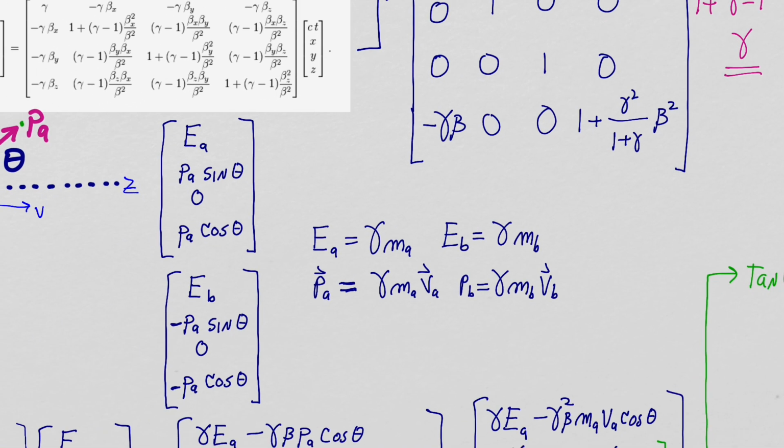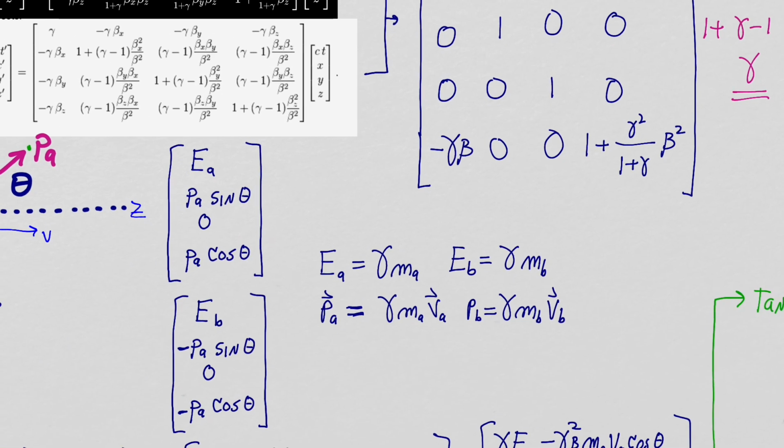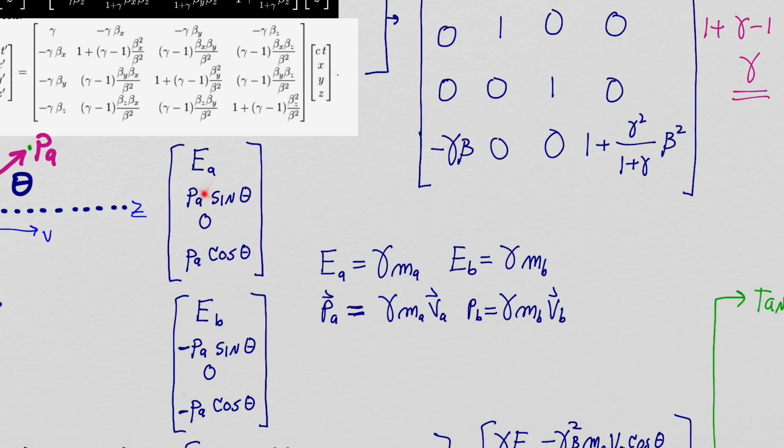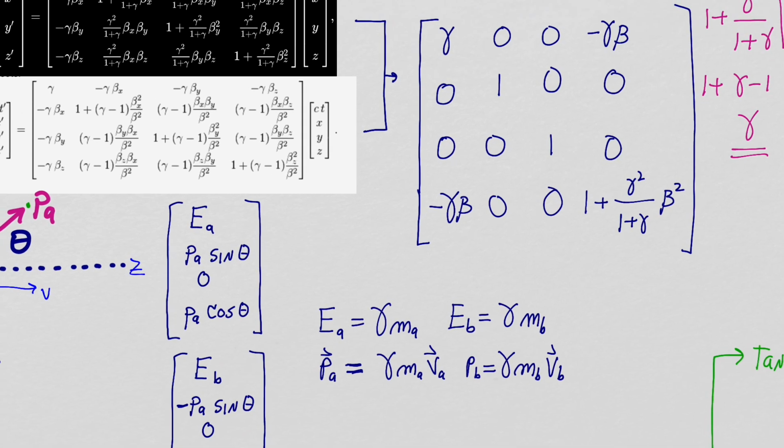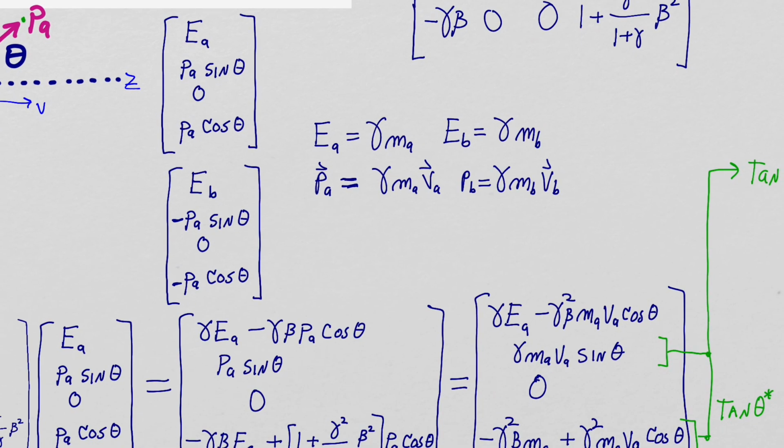All right, so now I have my two matrices. I have my three 4-vectors, really. I have the two daughter particles and the parent particle, and I have my Lorentz transformation. Now I'm going to make some substitutions, right? I'm going to substitute for EA, gamma MA.